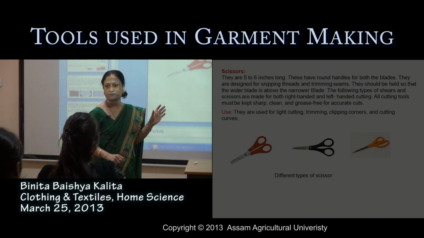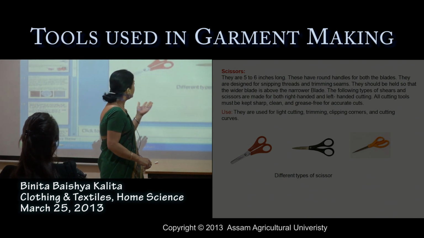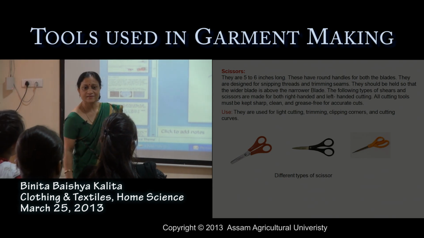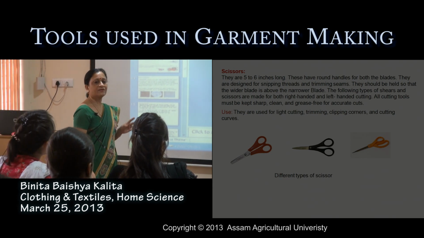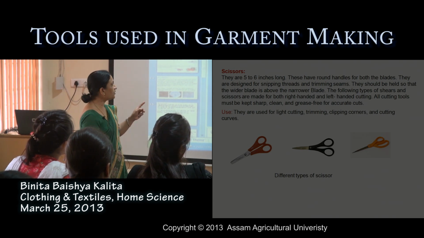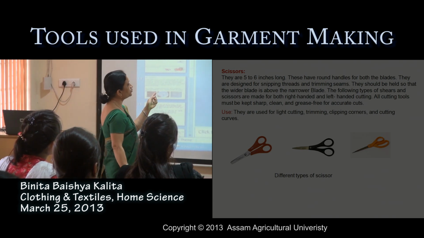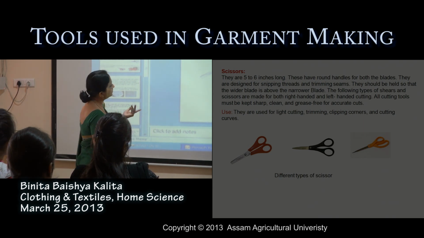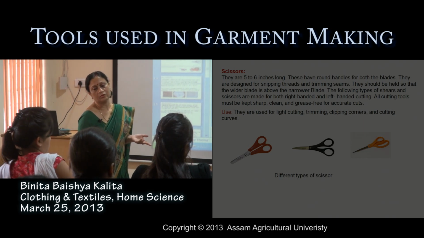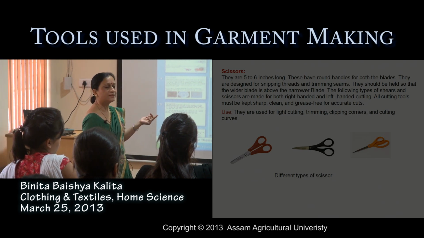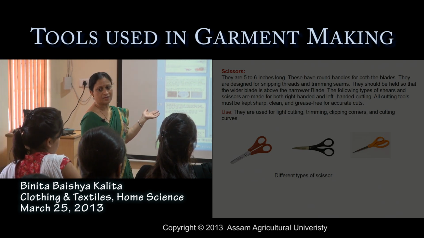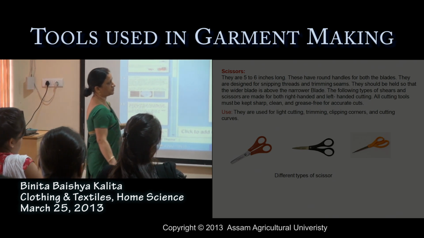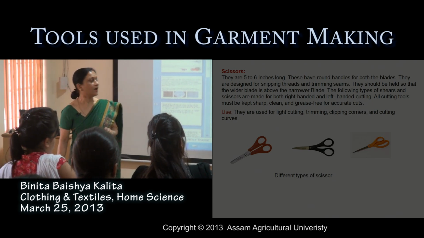Scissors are small, and they are also available in different sizes and shapes, and they also have two blades, and at the end of the blades are two handles. They may be plastic or they may be made of the same metal. You can get the handle in the same metal also, and these are used for trimming purposes also.